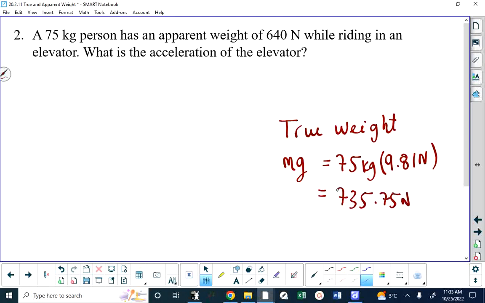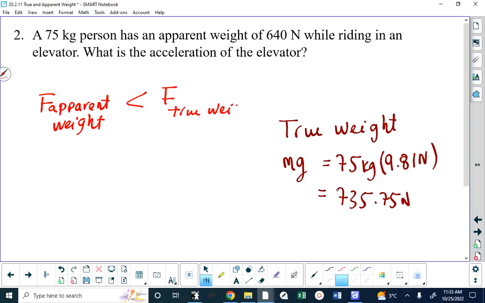So now you have to reason this out, that since they weigh less than their true weight, and I will quantify this for you with a statement, since the apparent weight is less than the true weight, the acceleration must be down.